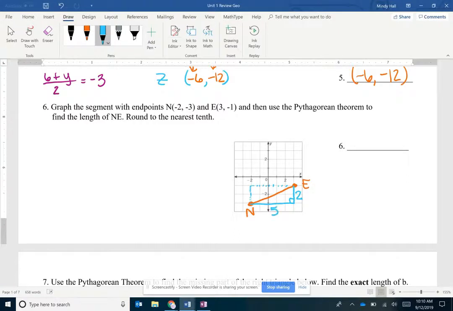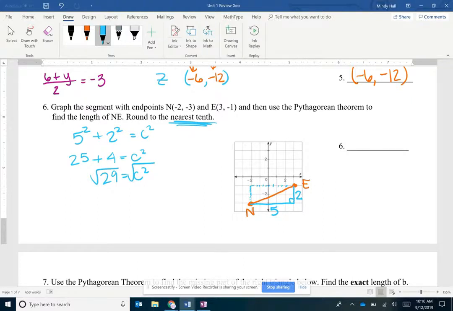So for the Pythagorean theorem, NE is going to be the C. So I would have 5 squared plus 2 squared equals C squared. 5 squared is 25 plus 2 squared, which is 4, gives us 29 equals C squared, and then we take the square root. Now, always look at your directions because we are rounding to the nearest 10th.